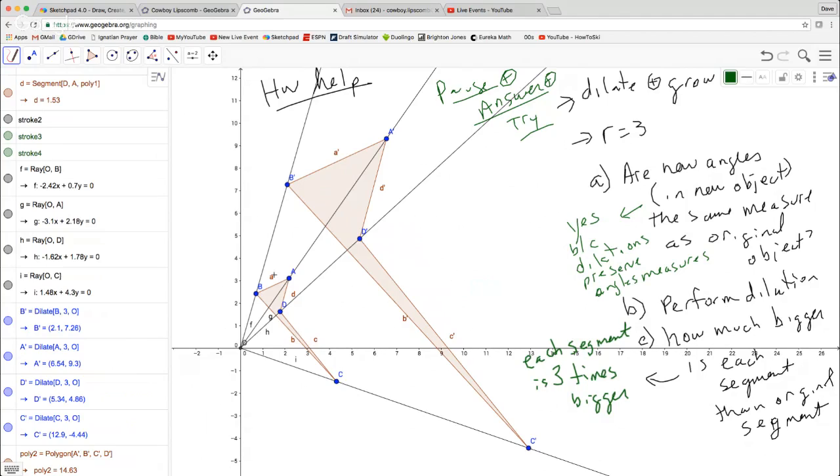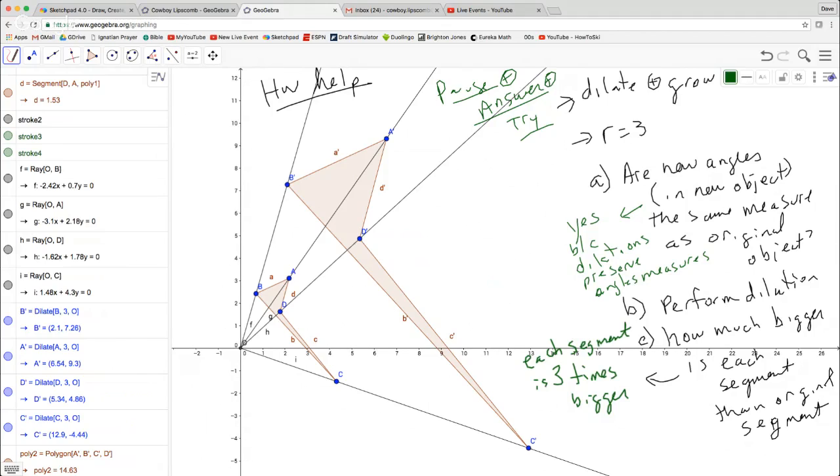So if you measure from A to B, A prime B prime is 3 times further. Similarly, if you measure the distance from B to C, B prime to C prime is 3 times longer than BC. And the same for each segment along the way.